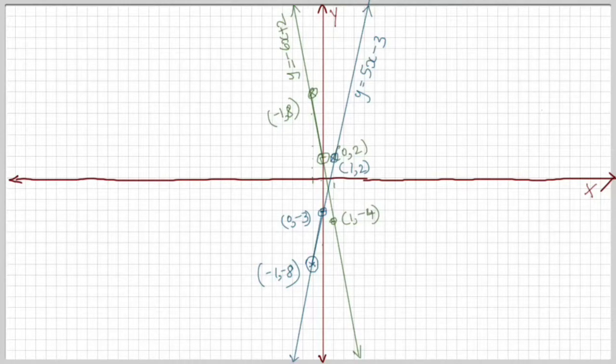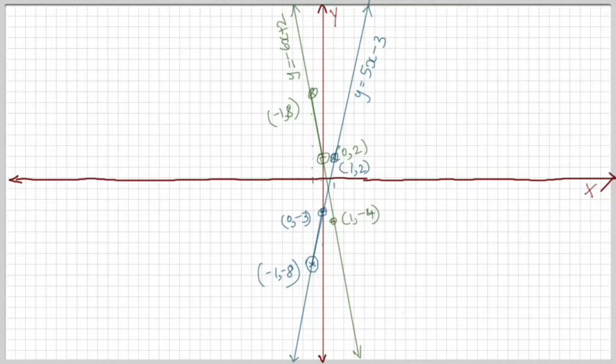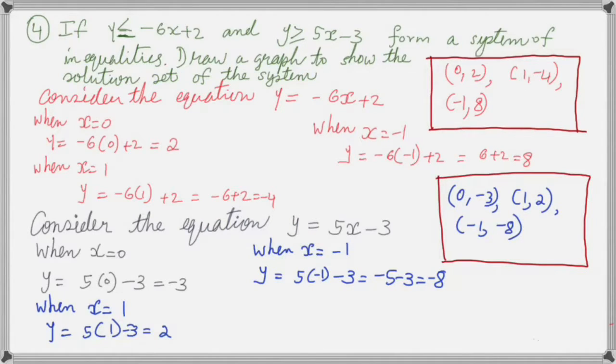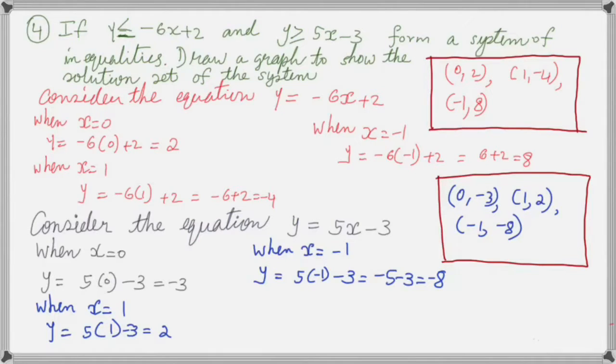Similarly, plot these 3 points on the graph. So you will get (0, -3), (1, 2), and (-1, -8).